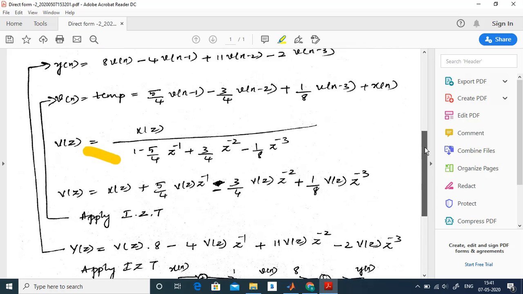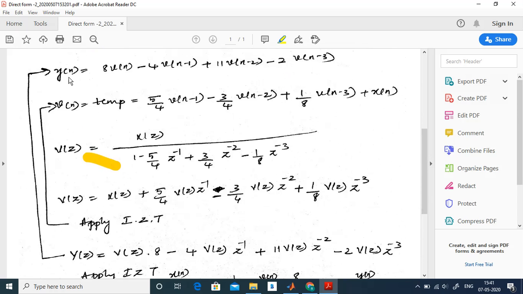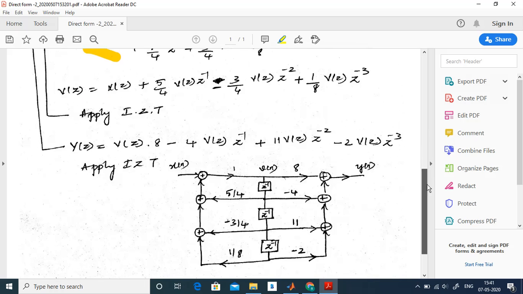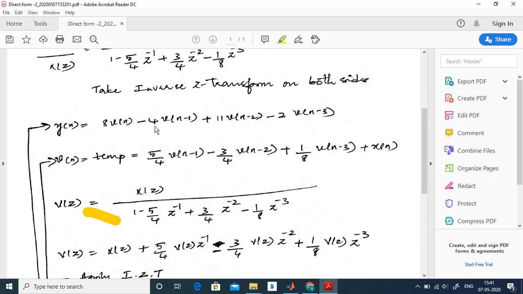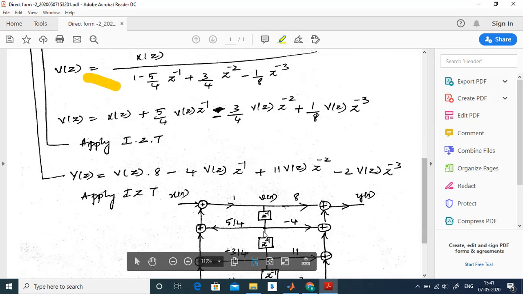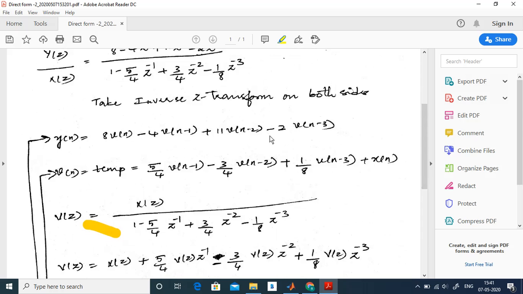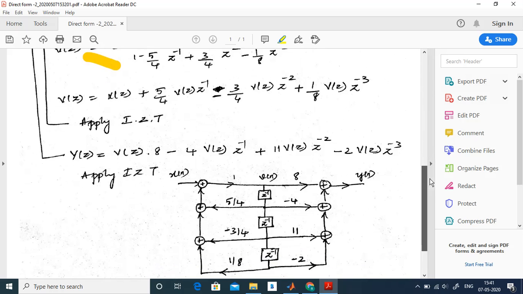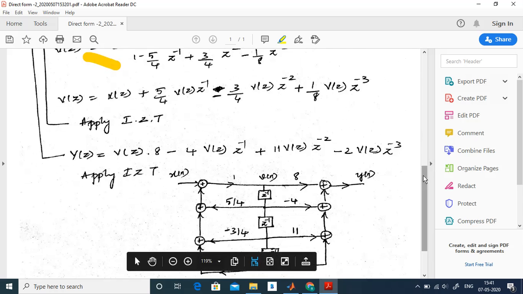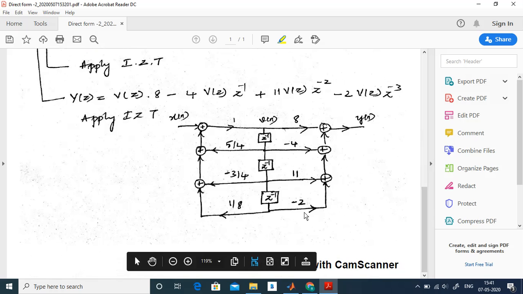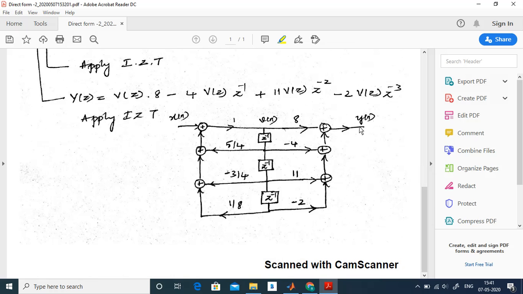Similarly, represent even this. y of n is equal to 8 times v of n. v of n is here, multiply by 8, and then minus 4 times v of n minus 1. v of n minus 1 is here, multiply by minus 4, add that with the preceding value, and then 11 times v of n minus 2, and then the last one is v of n minus 3 into minus 2 times. Add them so that you'll get y of n.